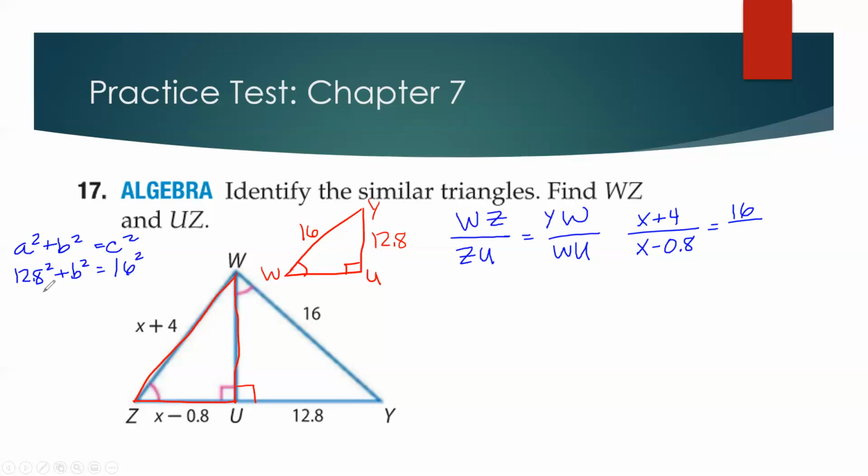Okay, so this 12.8 squared ends up being 163.84, plus b squared equals 16 squared is 256, and then you would subtract 163.84, and then you would get b squared is equal to 92.16, and you take the square root of both sides, and you actually get a pretty okay decimal of 9.6.